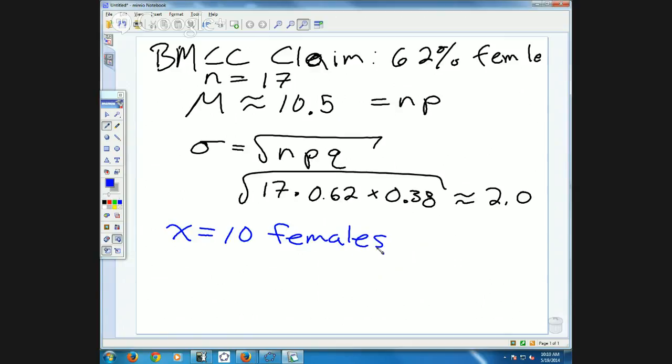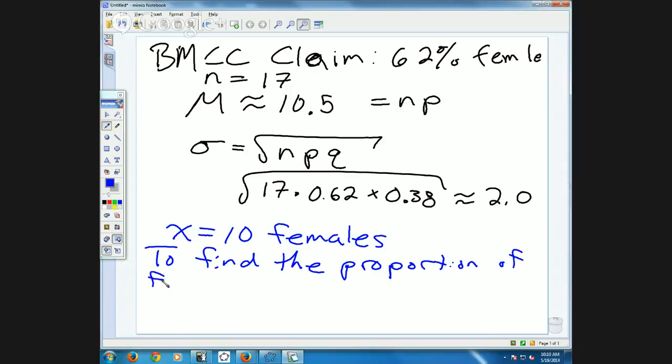Now, when you take a sample and you use that sample to make a proportion, in which case we're going to use that to find the proportion of females in this sample, how do I actually calculate the proportion of females here?